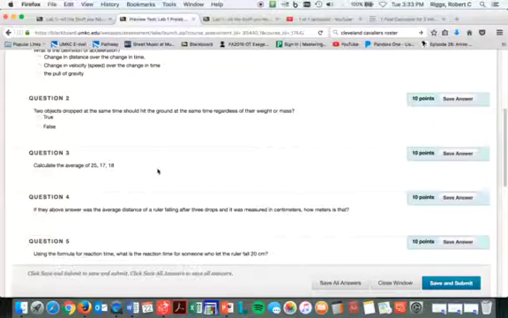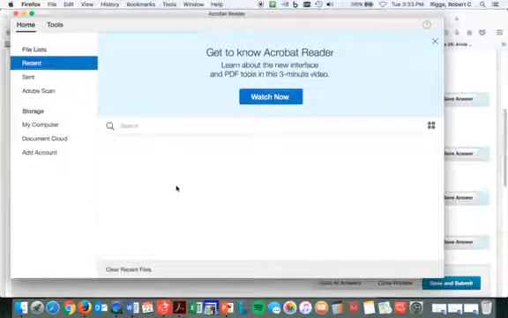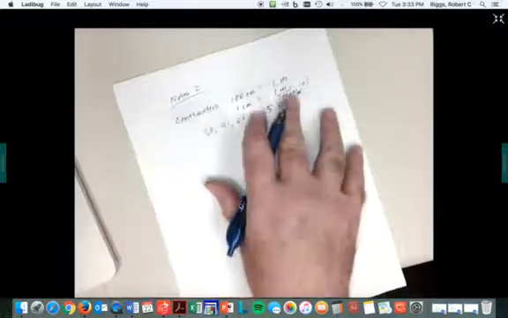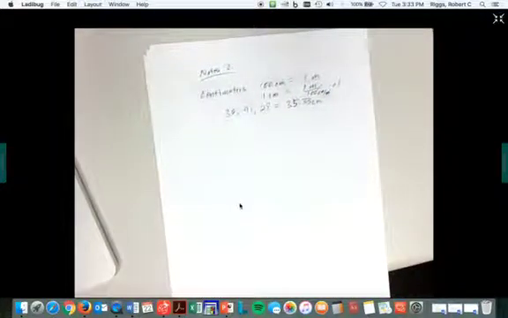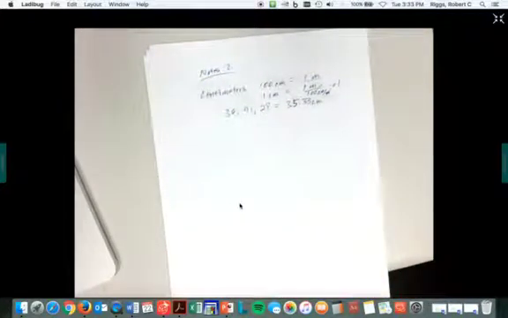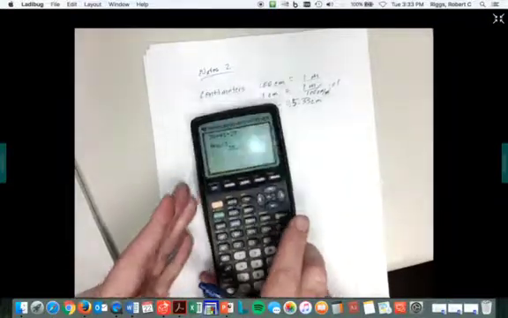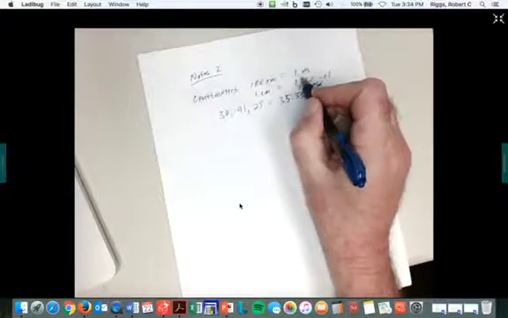Oh, I wasn't showing you what I was doing. I'm sorry, I forgot to. I'm very rusty. 36 plus 41 plus 29. You add those 3 numbers up and divide by 3. That's what I did here. 100 centimeters is equal to 1 meter.